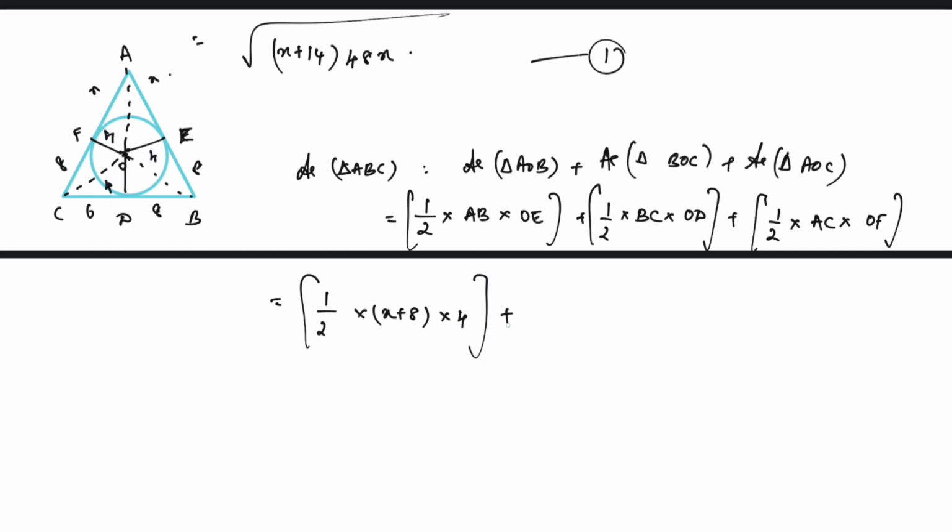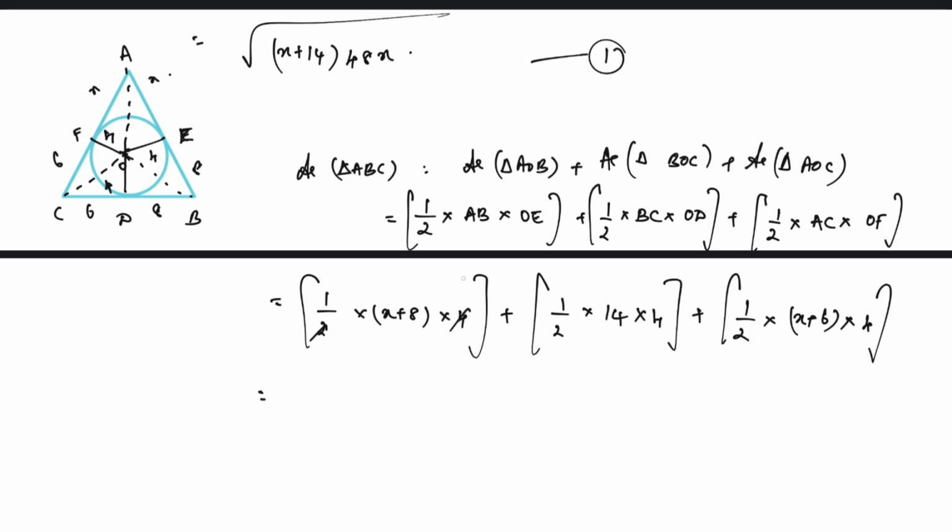Substituting them. Similarly, in triangle BOC, BC is 8 plus 6, that is 14, and OD is 4. Plus, in triangle AOC, half into AC, which is x plus 6, into radius 4.